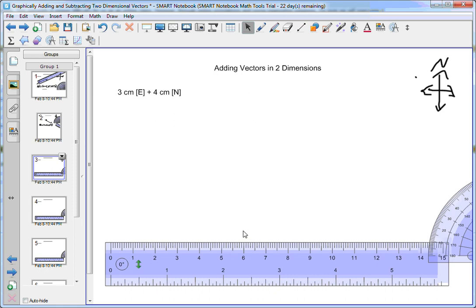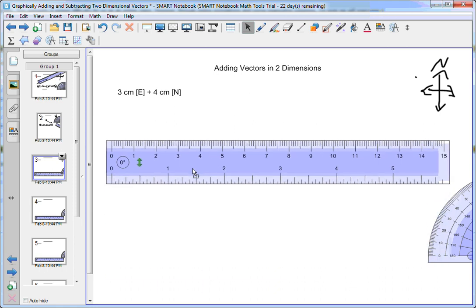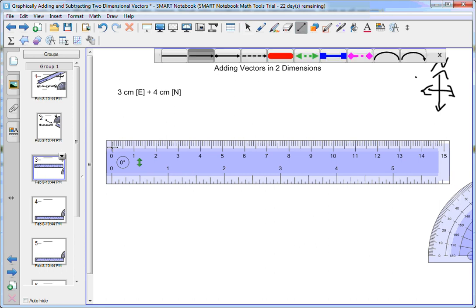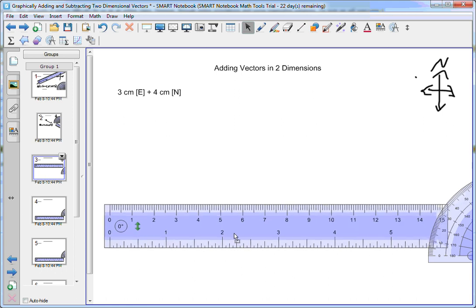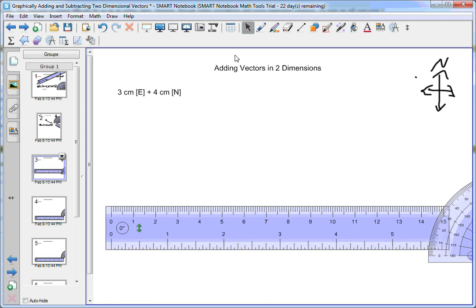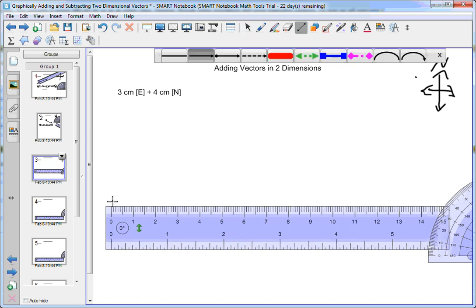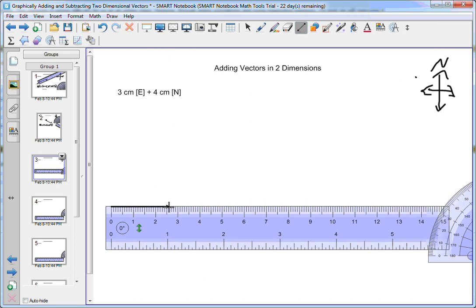And then we know that 3 centimeters east, east is going to be to the right. Actually, I should pull this down a bit, because I'm going to be going north from here. So we draw our line 3 centimeters long in the east direction.